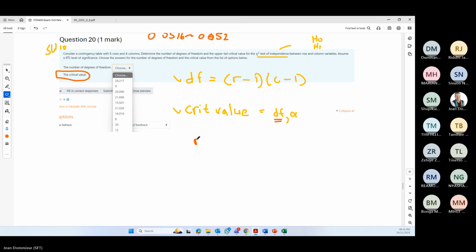So we can just say 5 minus 1. Let's see how many columns, 4 columns, 4 minus 1. So that would have been 4 times 3 is 12. Okay, so there is your degrees of freedom.